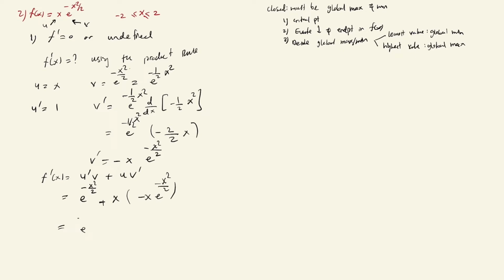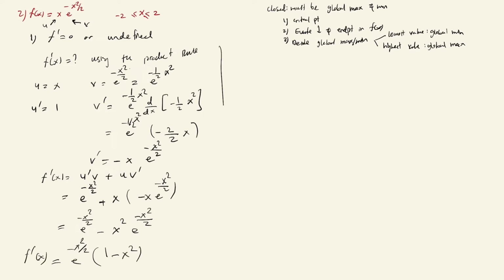Now we can simplify more. I'm going to multiply the second term, which is x, by x, resulting in x squared. Now we can also factor out the term e to the negative x squared over 2, leaving 1 minus x squared. This is the first derivative.